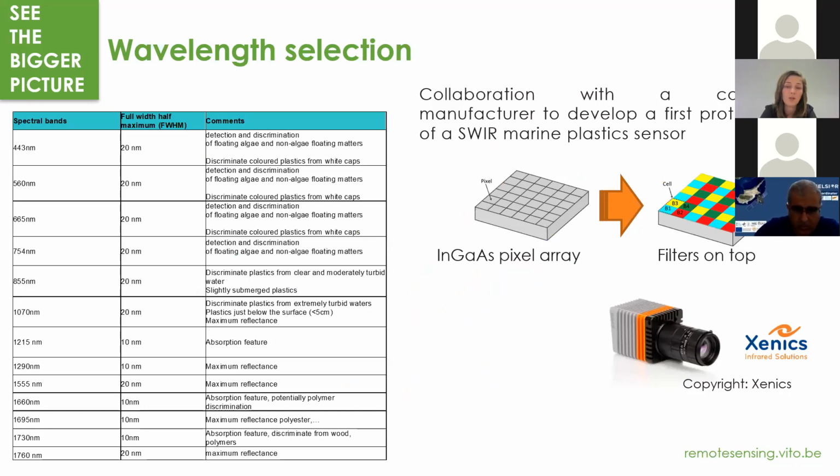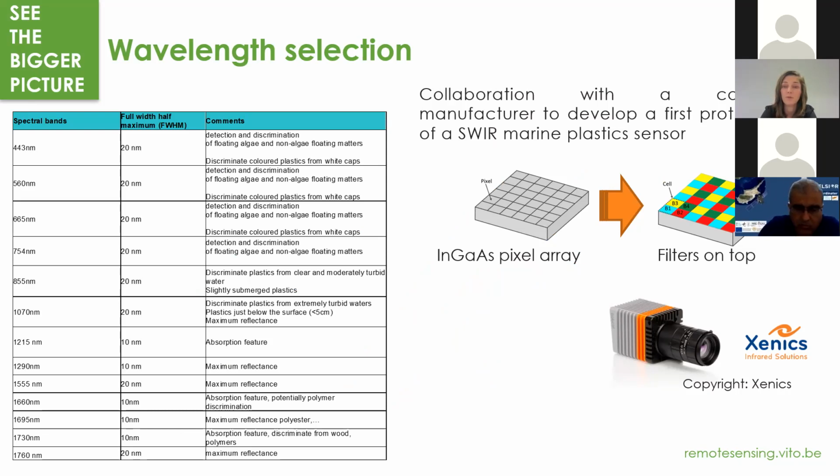With all this information we have been collecting, we have tried to identify the most interesting wavelengths for marine plastics identification. At the right-hand side, you see the table with the spectral bands, also an indication of the full width half max. It's a combination of bands in the visible spectrum, in the near infrared, and also several bands in the shortwave infrared.